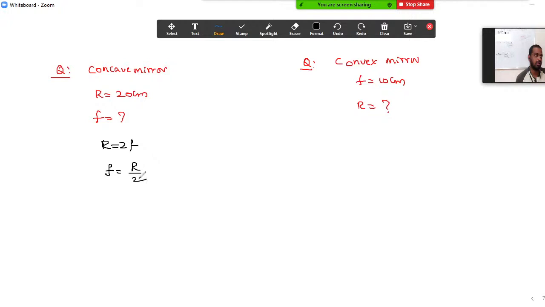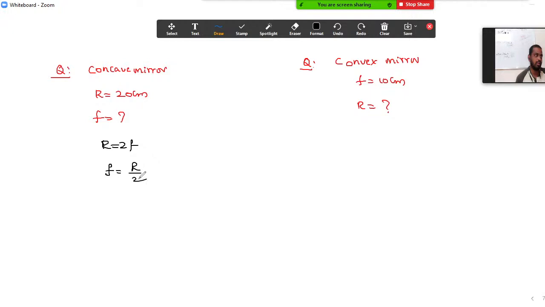It is called focal axis. What is the name? Focal axis. అంటే ఫోకస్ నుంచి పోయే పర్పెండిక్యులర్ లైన్ అన్నట్టు. The line which is passing through focus and perpendicular to the principal axis.